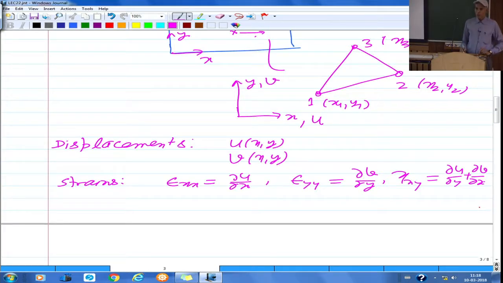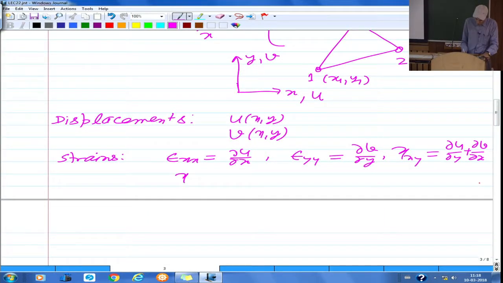So this is as far as the strains are concerned. Now depending on whether it's a plane stress or a plane strain problem, epsilon zz may be 0 or non-zero depending on the problem. Of course gamma xz and gamma yz are always going to be 0, because z and x or z and y are always going to remain perpendicular.